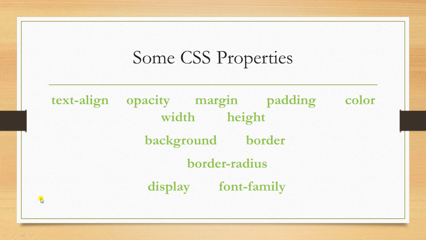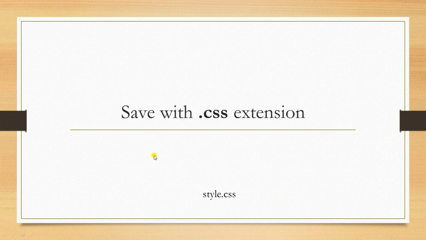There are many properties. We need only some of them. You don't need to learn all of them. And whenever we do an external CSS file, we need to save it with a .css extension. It is very important to save an external CSS file with a .css extension, and we can call it anything. You can call it style.css, styles.css, or anything you like.